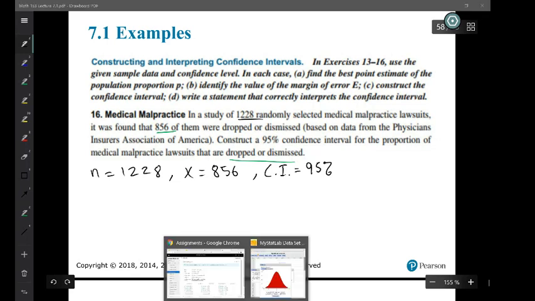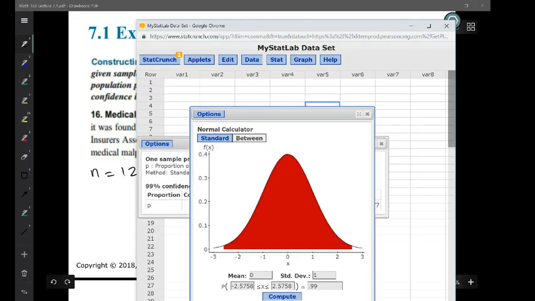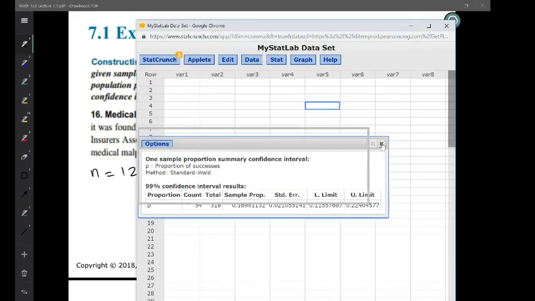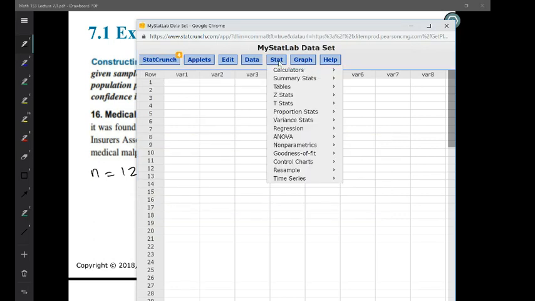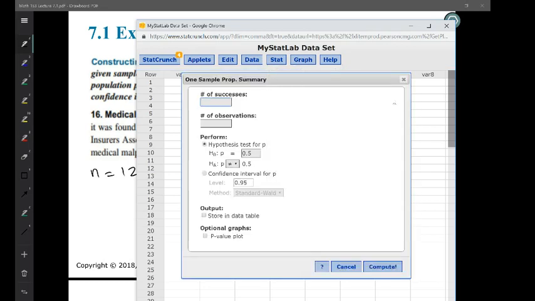So we can go to StatCrunch. And what we want to do is click on the Stat tab and then go to Proportion Stats, one sample with summary. So the number of successes in this case would be the dropped lawsuits. So that was 856.